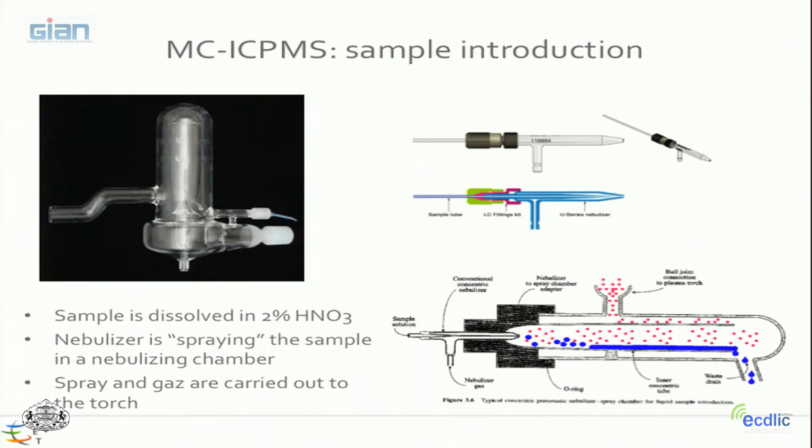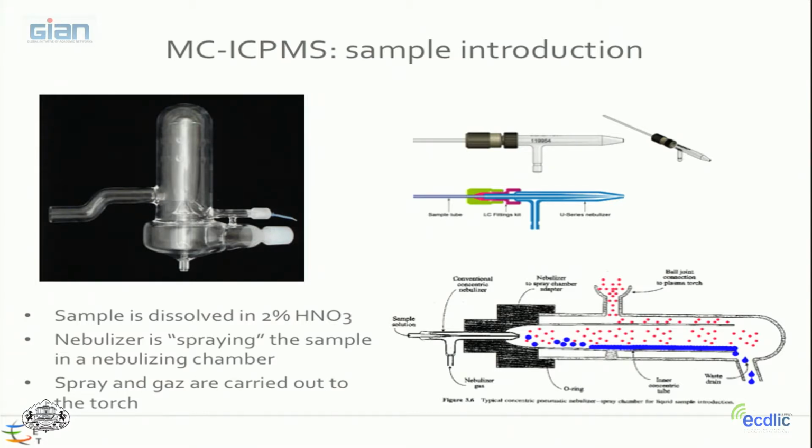The gas is pushing the solution into the spray, and this spray is sent into the spray chamber. The objective of a spray chamber, you see it on these schematics, is to remove the heavy droplets and only keep the tiny ones, so that first you are not going to wash out your plasma because you send water into a flame, and the ionization efficiency will be very good because the droplets are very, very little.